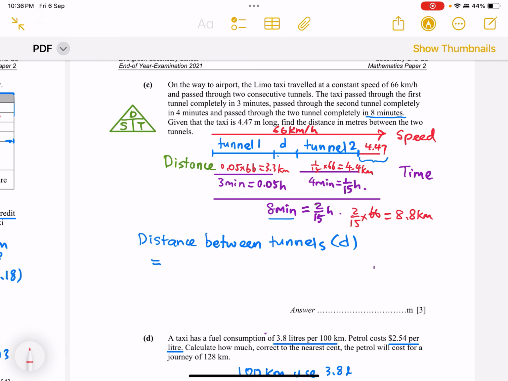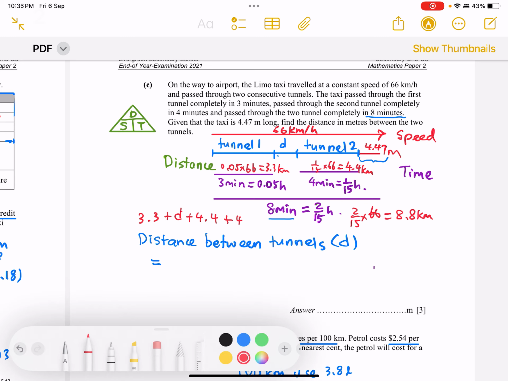So therefore now we have the distance in the first tunnel, plus D, which is the distance in between the tunnels, plus the distance in the second tunnel, plus the length of the car. Oh, it's all in meters, so we change everything to meters.